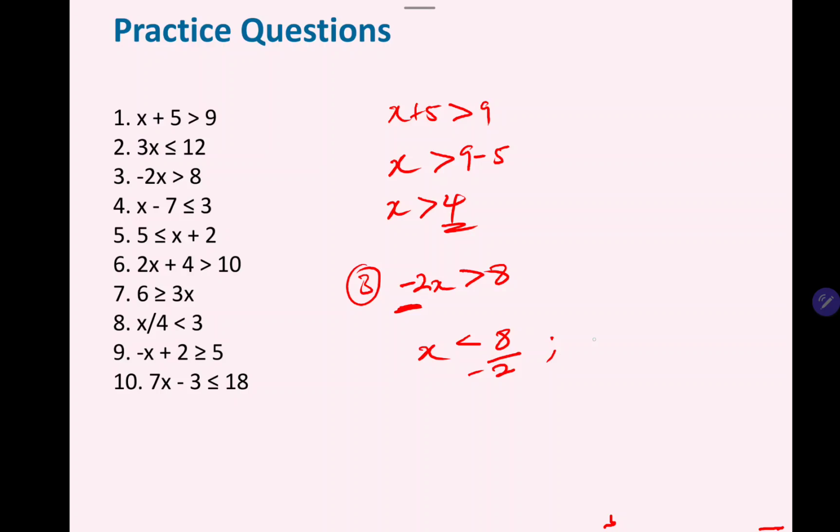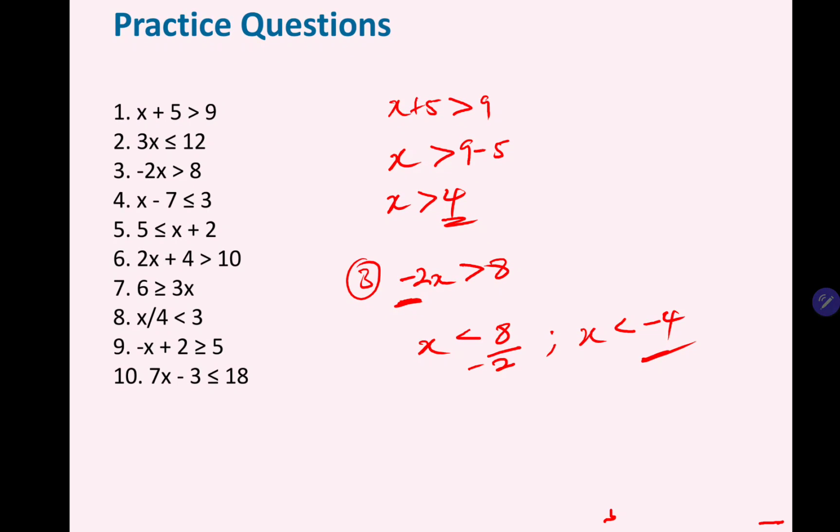And then x is less than what? Minus 4. Please try to lay your hands on other questions here and get yourself used to inequalities. Feel free to pause the video at any time to copy the questions and to solve at your own pace.